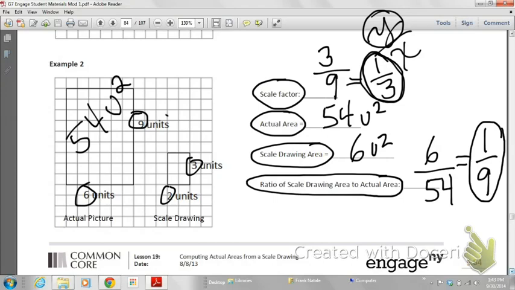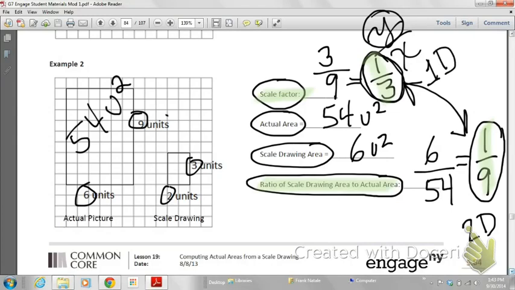Okay, so now we have the ratio of the areas as 1/9, and the scale factor of the one-dimensional sides as 1/3. So again, good to take a look at these two and how they compare. Here's our 2D ratio. Here's our 1D scale factor.